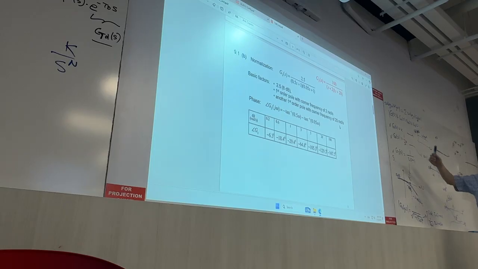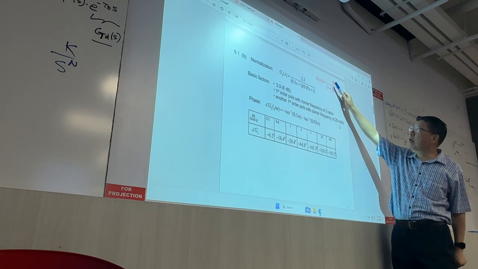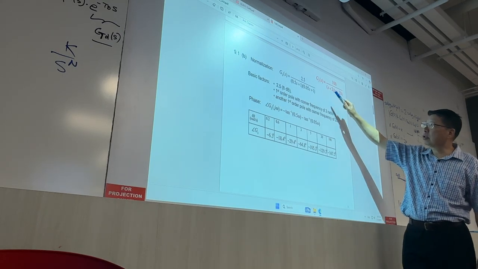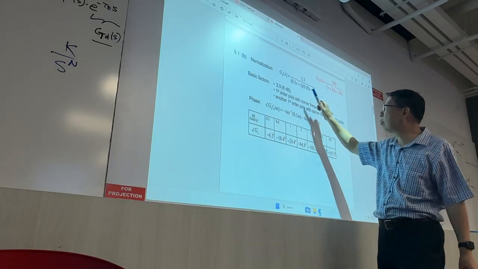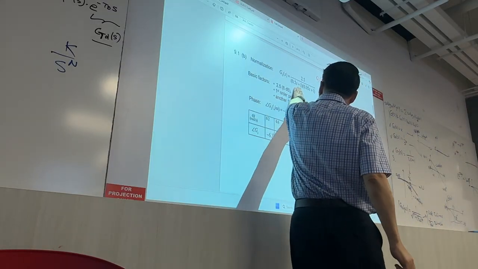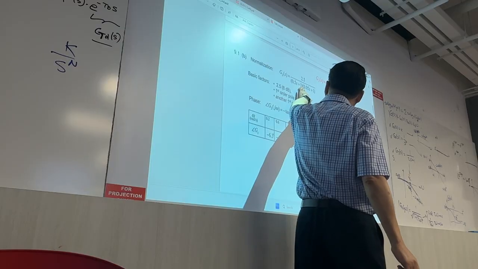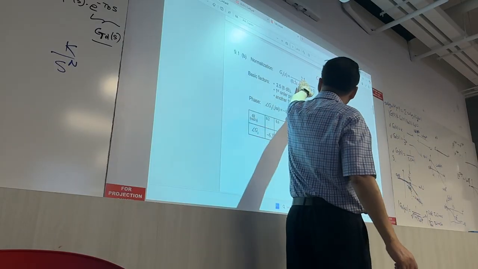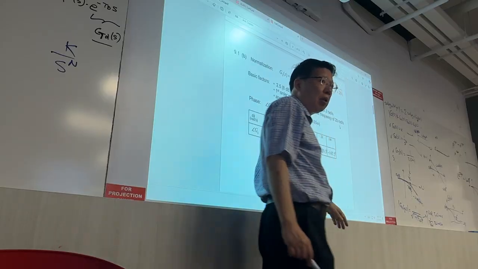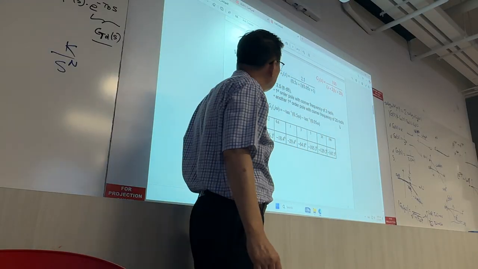So for part B, this is a given function. It's not normalized, so we have to normalize it. Okay, we have to normalize it. And then when we do the normalization, we pull the 20 out so that the gain changes.